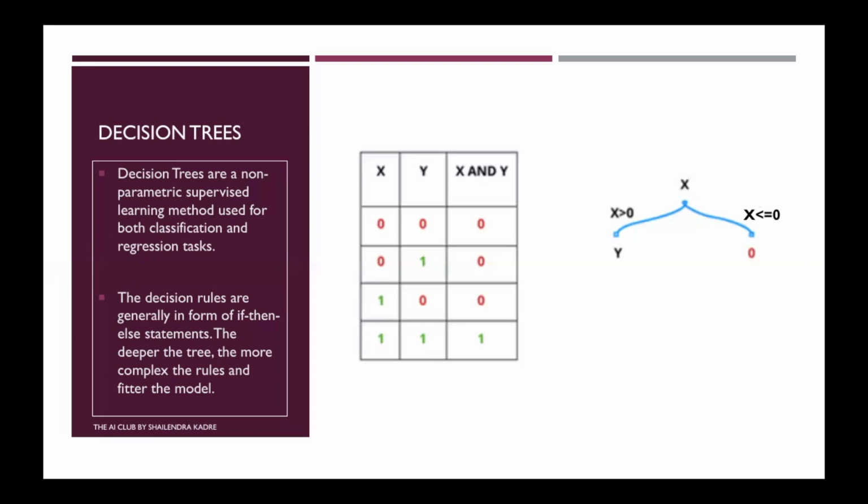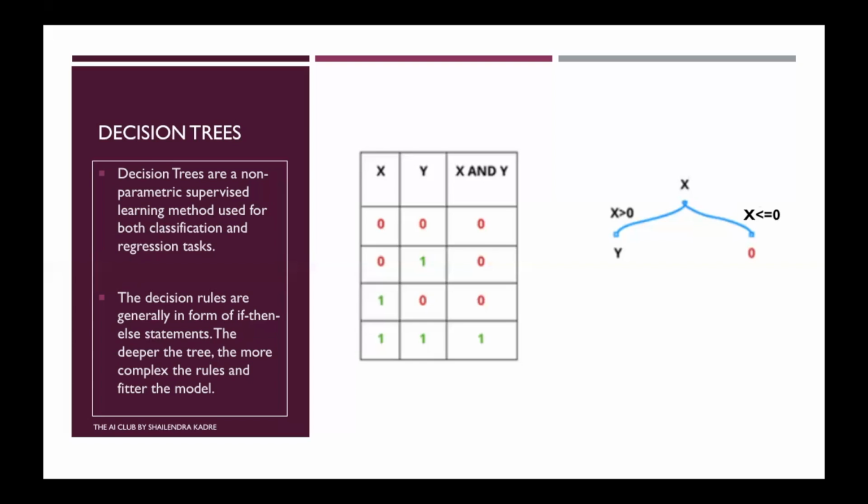Now if x is greater than 0, then it further gets down to whether y is greater than 0 or not. Then it depends on the value of y whether the target is going to be 0 or 1.